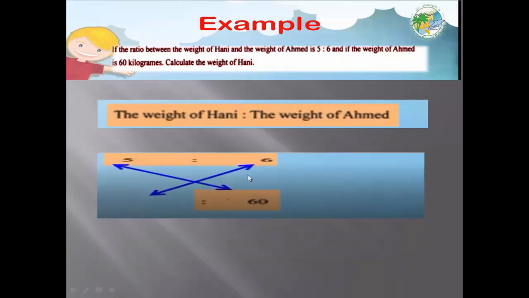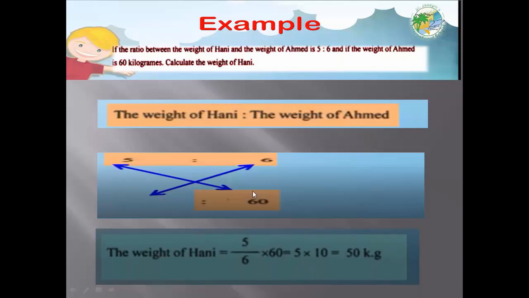Here, will we write the 60 kilograms under the weight of Ahmed or the weight of Hani? The weight of Ahmed. Okay, then we make the cross multiplication: 60 times 5/6, or 5 times 60 over 6. The weight of Hani equals 5/6 times 60.